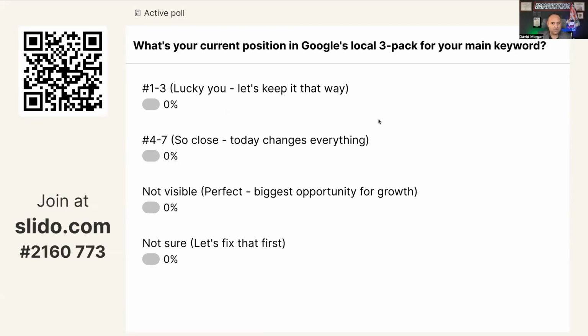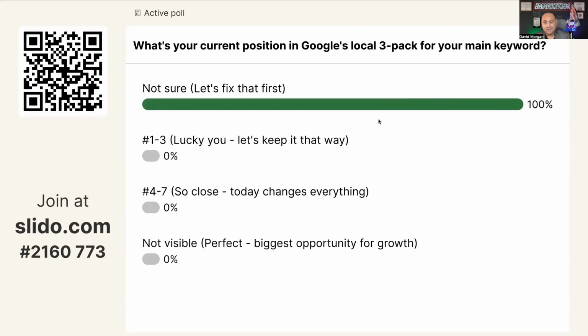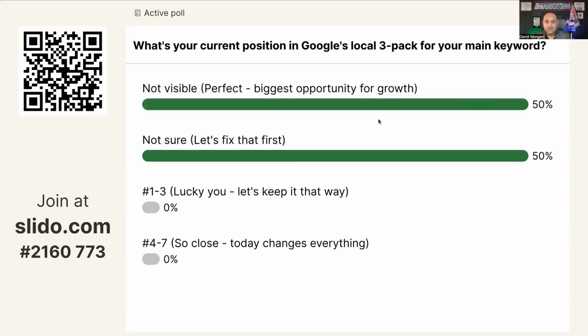Are you lucky because you're 1 through 3? Let's keep it that way, or it's not luck, but it's skill. Are you numbers 4 through 7? It's like so close, but today's session is going to really help to change everything. Or are we not visible? So if you can answer that, or not sure, let's fix that.